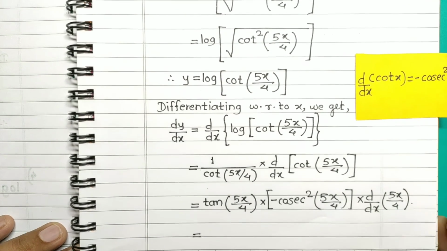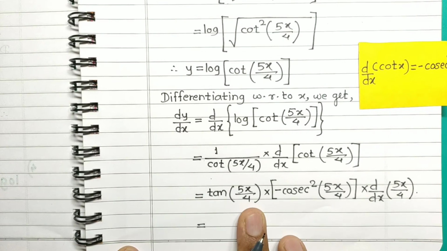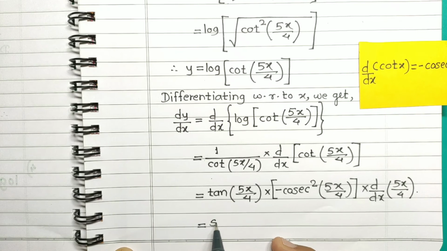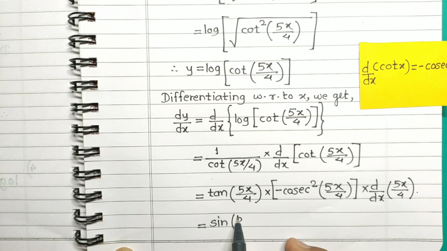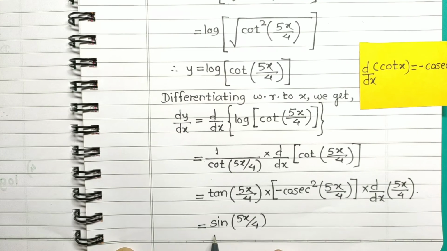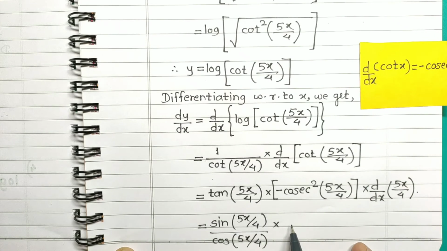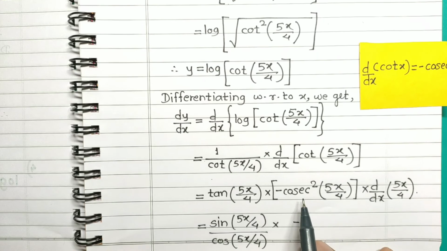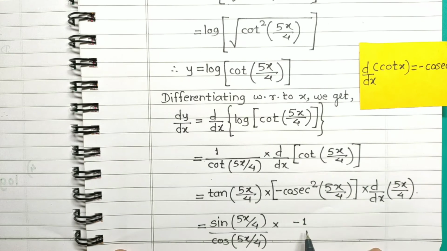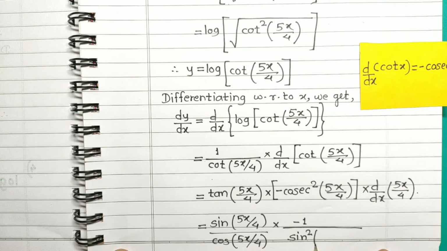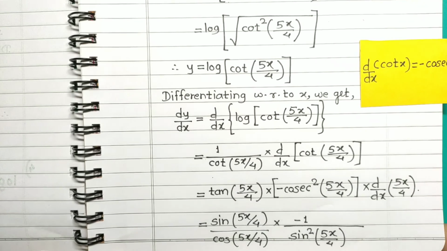Then for some trigonometric simplification, let's write this tan term as sine upon cos. So we write here sine of 5x by 4 upon cos of 5x by 4 into, see, this is minus 1, and we write cosec square of 5x by 4 as 1 upon sine square of 5x by 4, so that we can simplify these trigonometric terms.